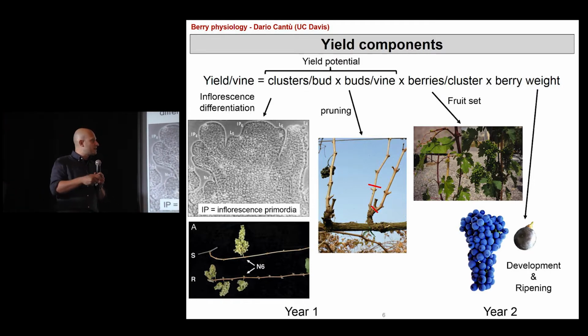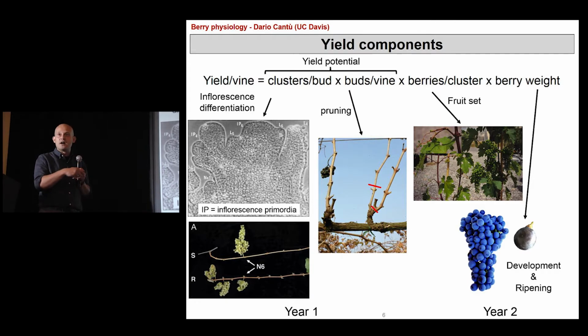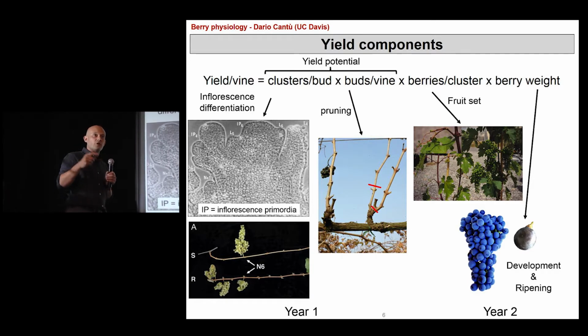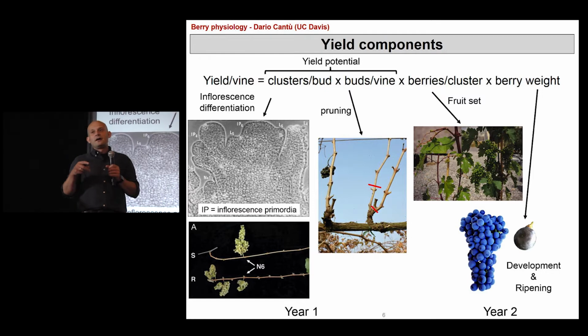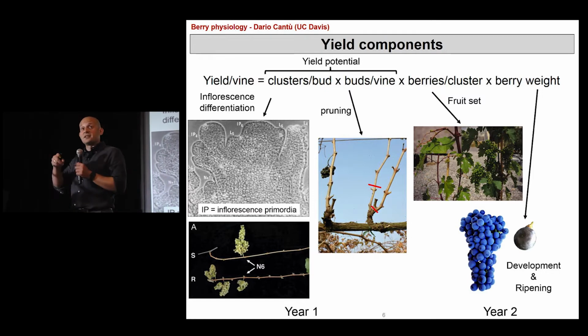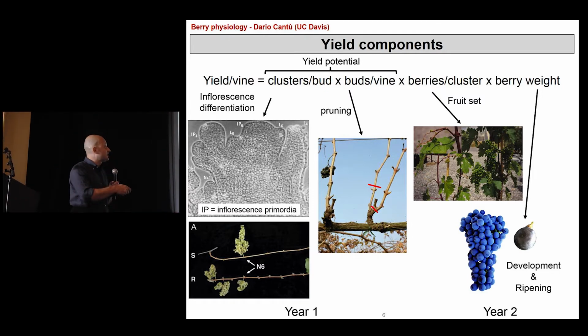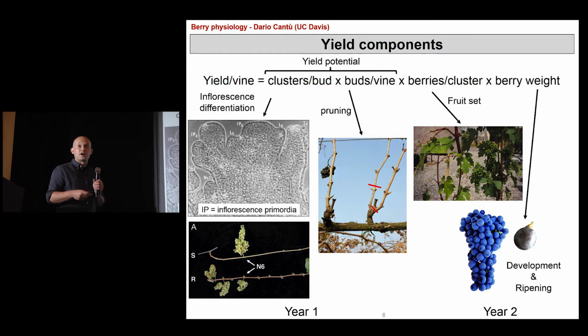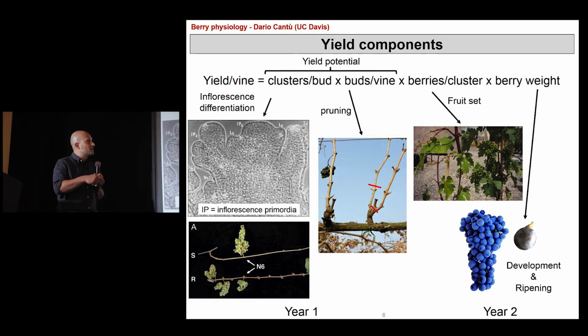And we're going to see later on that what happens in year 1 is the major cause of yield variability across the years in a particular site. We're going to see that this yield potential accounts for about 70% of the variability in yield, whereas berries per cluster and berry weight will account for 10 to 20% of yield variability.